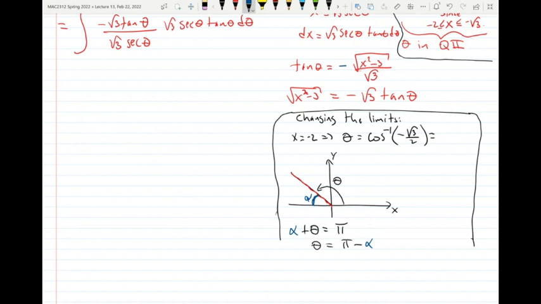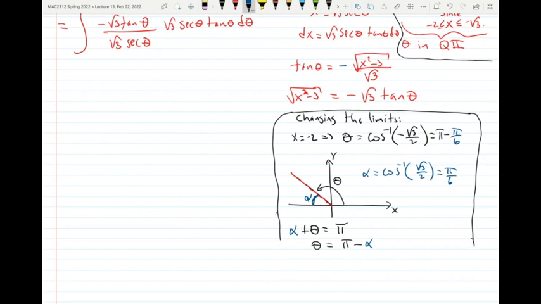But that's not what I want. I want theta, which is the quadrant 2 version. So by looking at this formula, my answer is pi minus pi over 6. In this concrete example, alpha equals inverse cosine of square root of 3 over 2, the positive version, just ignore the negative. This gives you the answer in quadrant 1, which is pi over 6. Our answer is pi minus pi over 6.